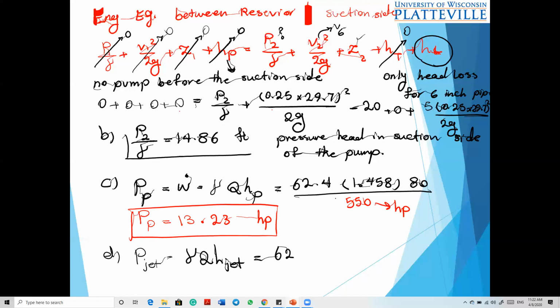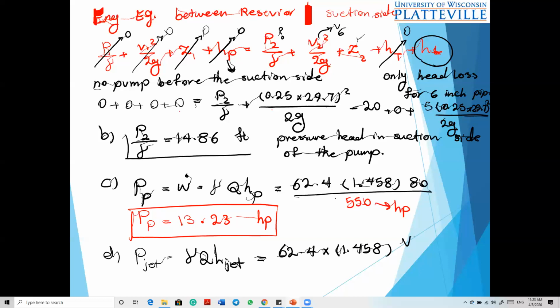Gamma is 62.4, flow is 1.458. What is the head for the jet?